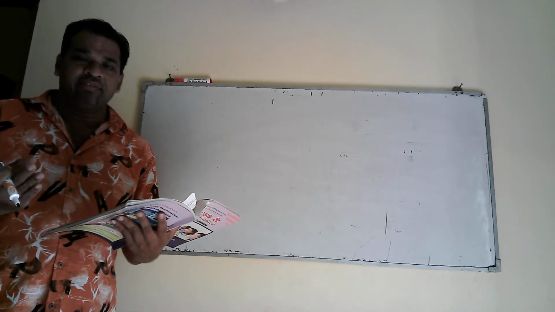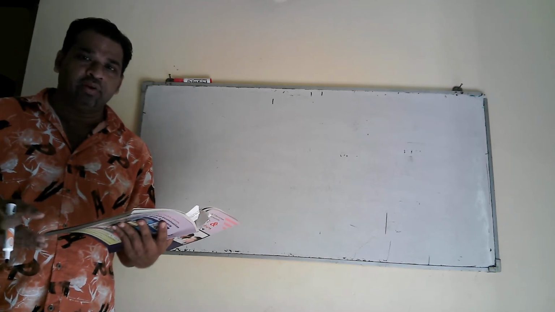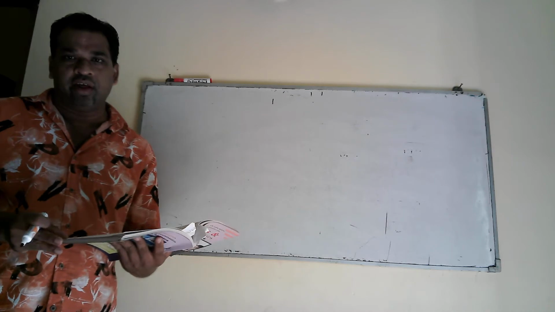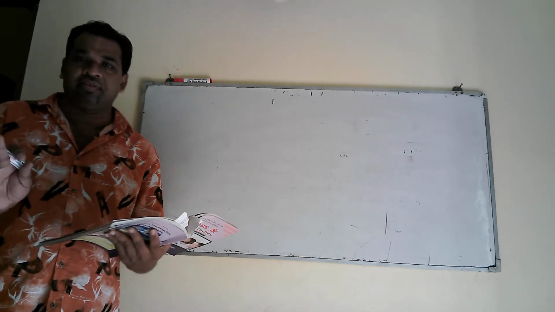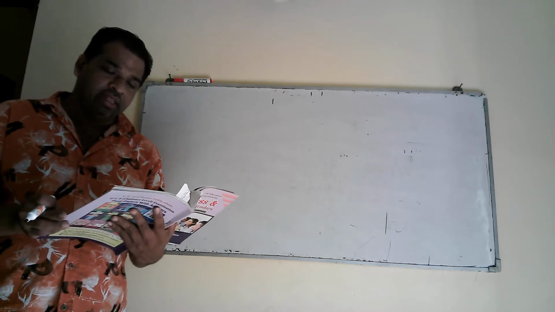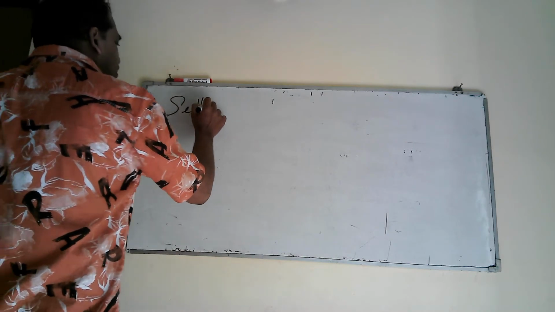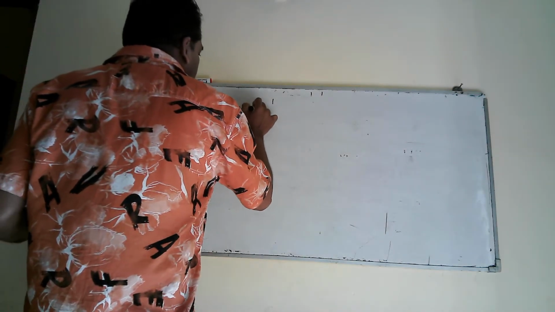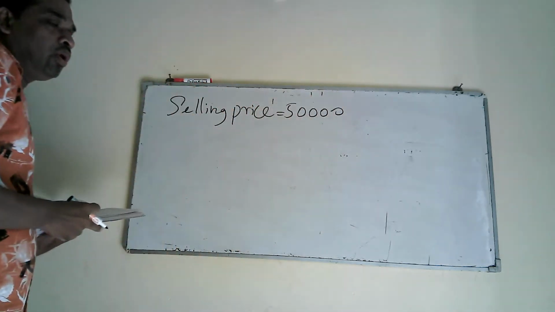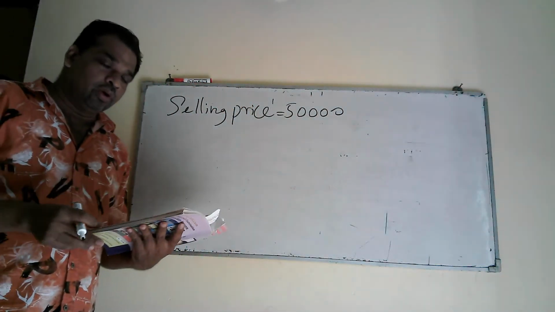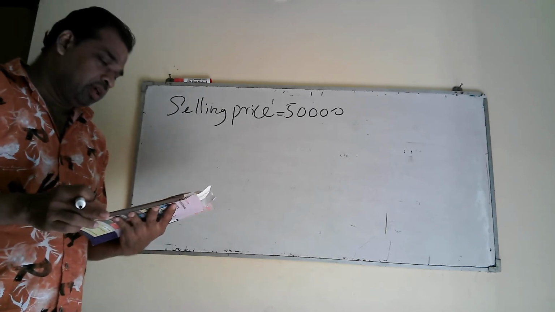That's why we have to practice past paper questions, because past paper questions really depend on the syllabus, not out of syllabus. If you take 2019 questions, it is different. But here, the examiner has given the selling price of almirah. Selling price is 50,000. It is given, but we don't know unit cost, right? But we can calculate unit cost.